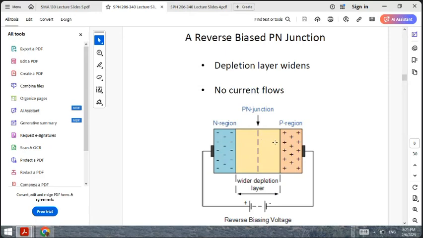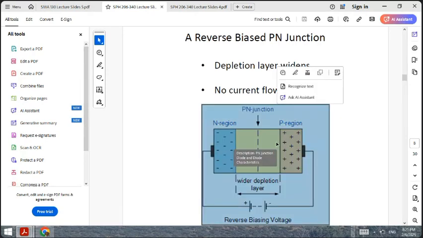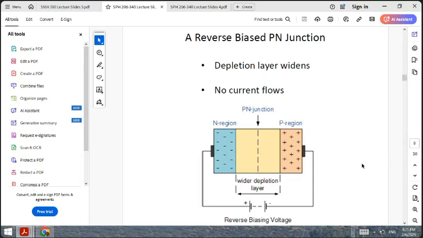When we have forward biasing, the depletion layer is very narrow, and that's why electrons and holes can cross. So here we don't have any charge carriers crossing the depletion layer. Therefore, there is no conduction. So a PN junction does not conduct when it is reverse biased.